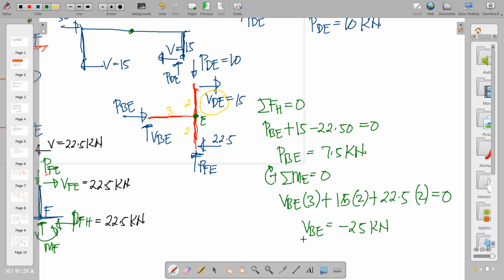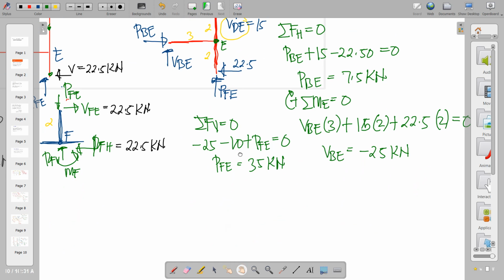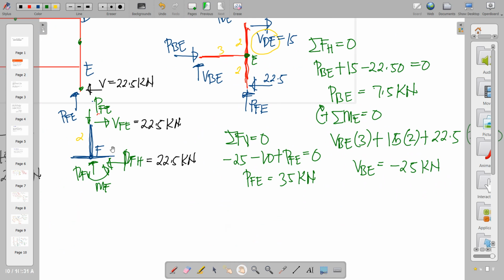So finally, we can have summation forces vertical on the same portal and upwards VBE, but however we carry the sign. This negative 25 minus 10 plus PFE is equal to 0. So PFE is equal to 35 kilonewton. Hence, we can transfer that 35 to this portal.